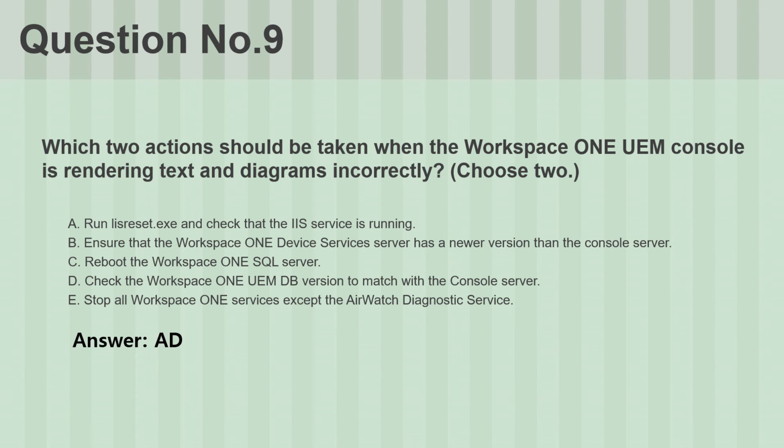C. Reboot the Workspace 1 SQL server. D. Check the Workspace 1 UEMDB version to match with the console server. E. Stop all Workspace 1 services except the AirWatch diagnostic service. Answer A, D.